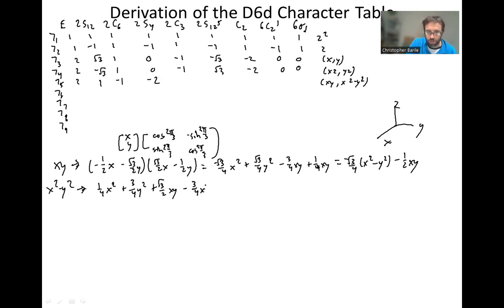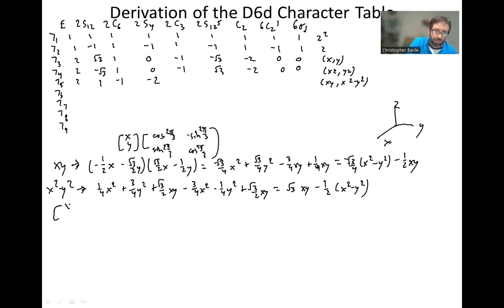Minus 3/4 x squared minus 1/4 y squared, and then it's going to be plus root 3 over 2 xy. Ends up being root 3 xy. And then we can factor out a minus 1/2 x squared minus y squared. So we have 1/4 x squared minus 3/4 x squared, that's because it's a negative 1/2 x squared. And then we have 3/4 y squared minus 1/4 y squared, which is, I guess, a positive 1/2.